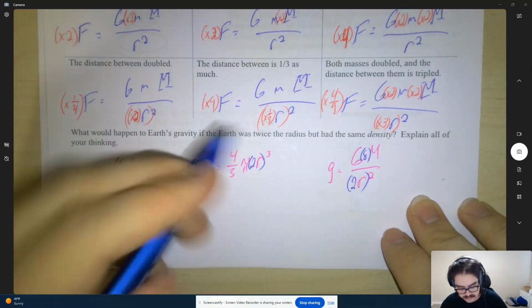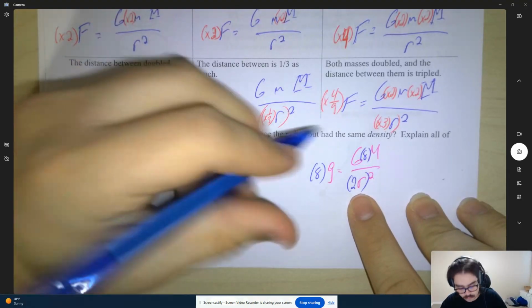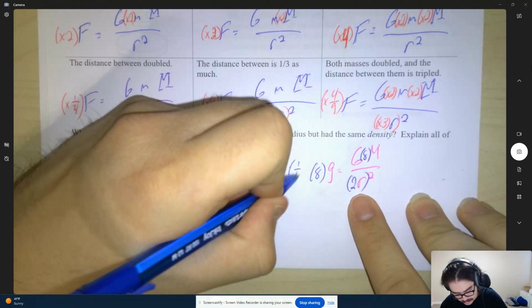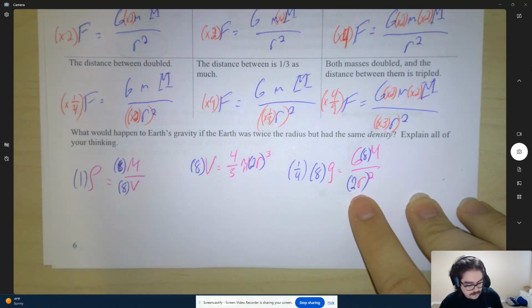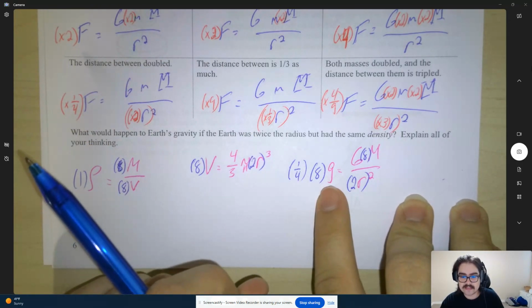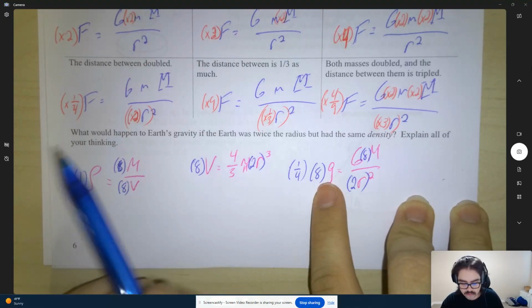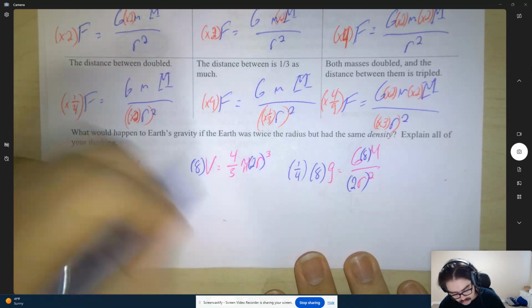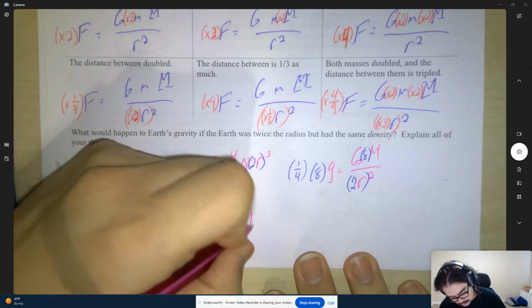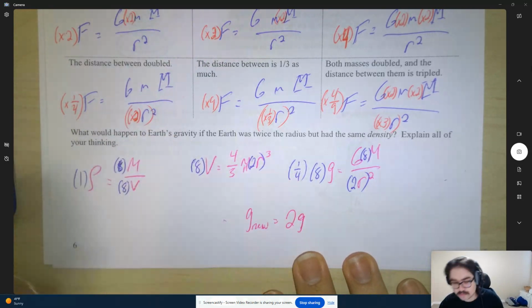So I get 8 here, and this is going to end up being 1/4. So I get 1/4 times 8 times g. Well, 1/4 times 8 is just 2. So g new is going to be equal to 2 times what g originally was.